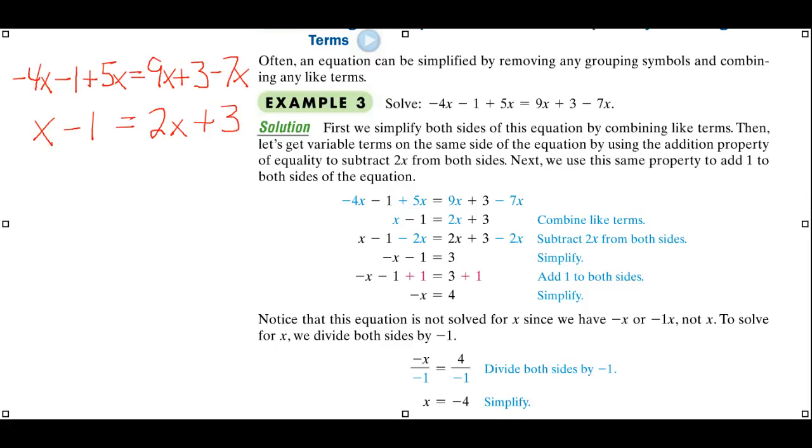So here's where we want to get, eventually in most equations, a variable, a number, a variable, a number. Now we want to get all the variables on one side, and we're going to try to keep them positive. Now the solution here, they let it be negative.